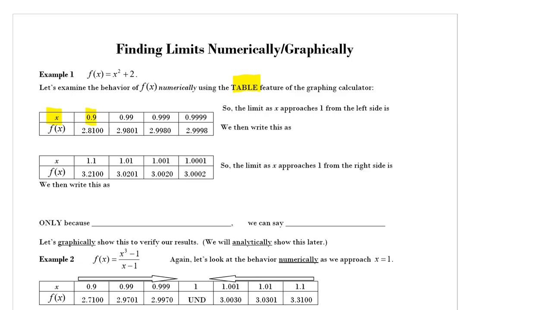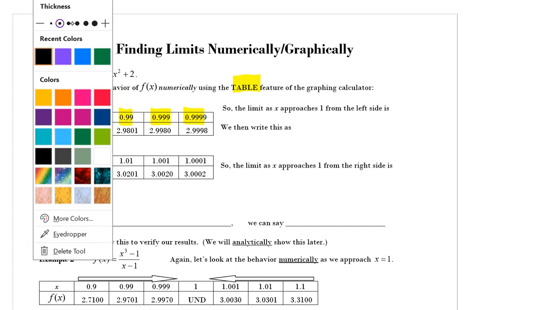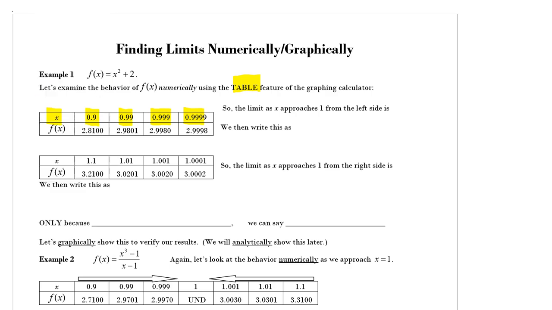In other words, we're looking at an x value of 0.9, then an x value of 0.99, an x value of 0.999, and lastly an x value of 0.99999. So notice that what's happening with these values as we move across the table is they're headed towards 1.